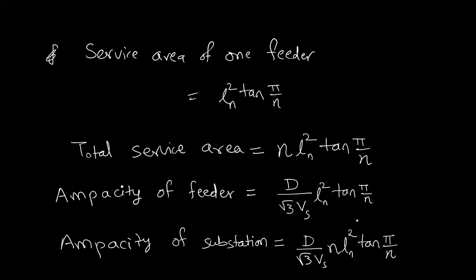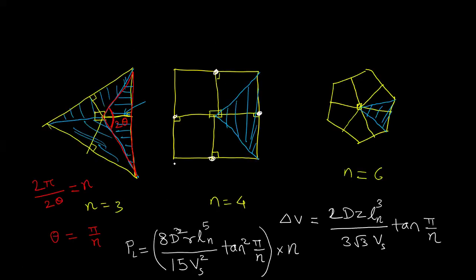That is the capacity of the entire station. Now this information is useful in planning the substation, designing the current carrying capacity, and designing the location of the substation according to the area that we have.